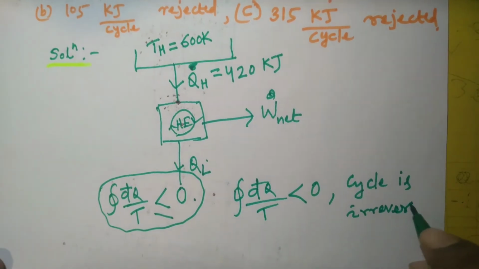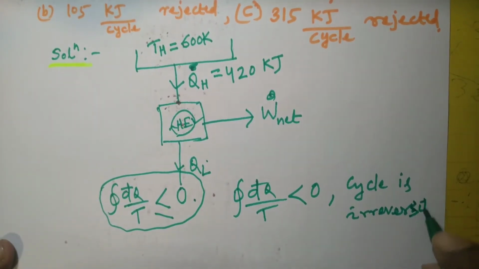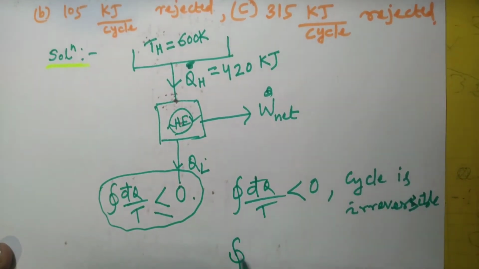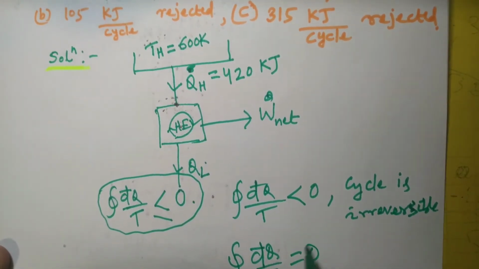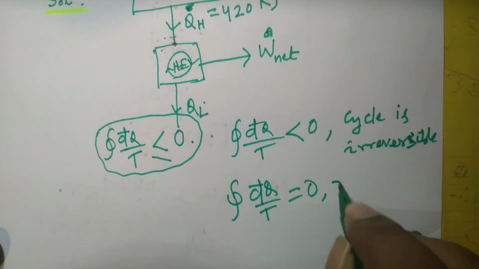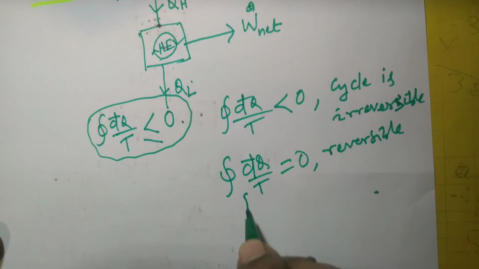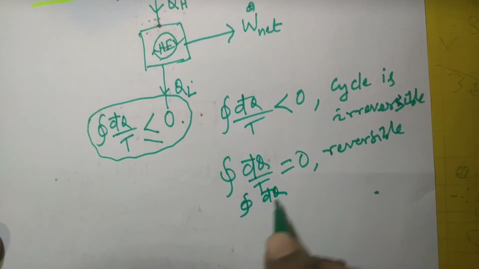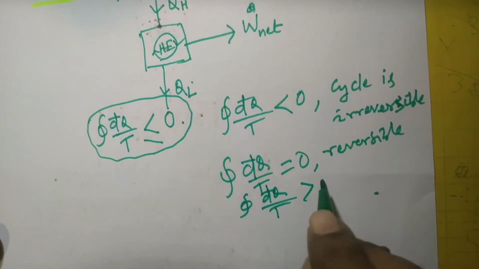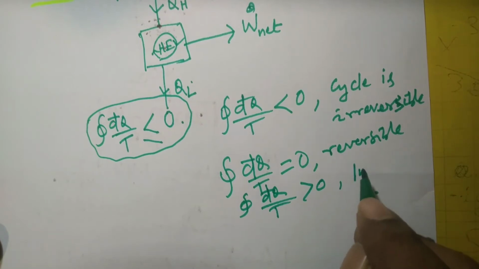If it is equal to 0, then the cycle is reversible. And if it is greater than 0, the cycle is impossible.